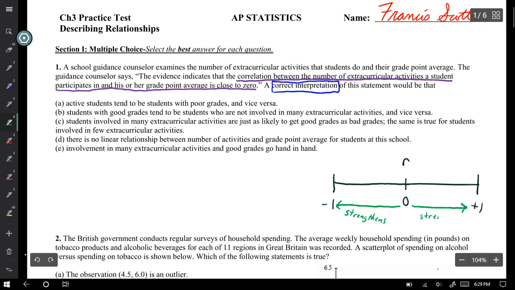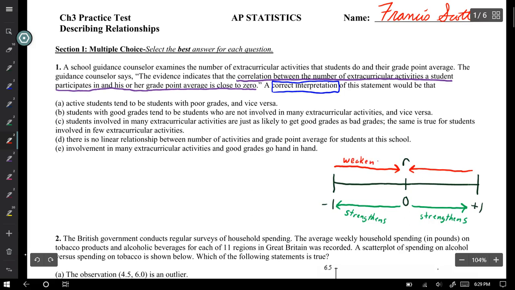It either strengthens in the positive direction or it strengthens in the negative direction. We also know that if we have -1 and we move close to 0, or we have +1 and we move close to 0, it weakens.